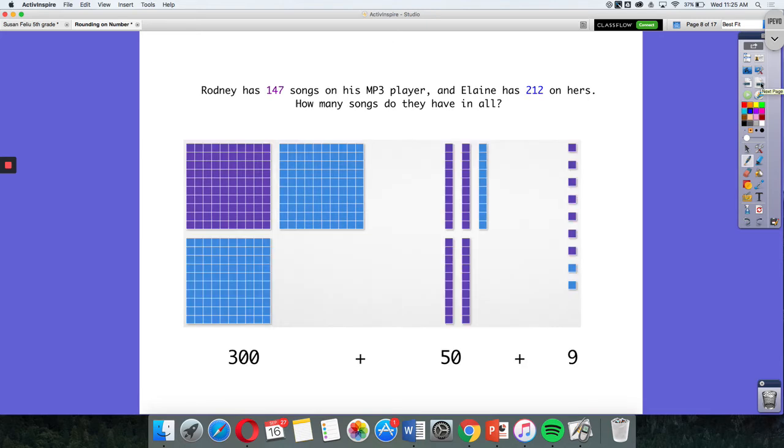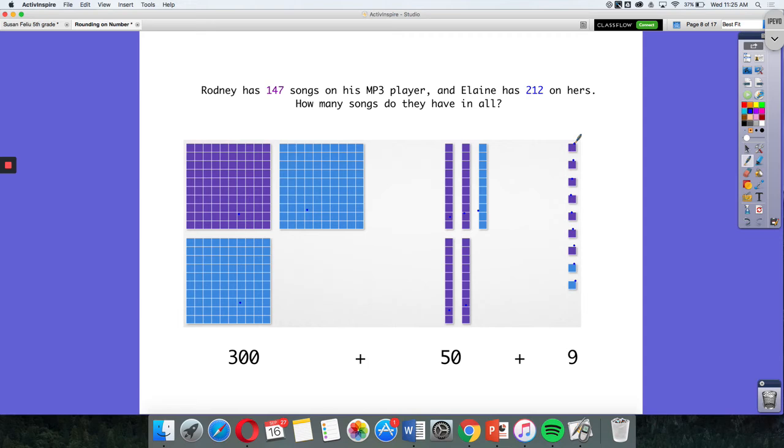So when I combine all of my hundreds, I get 1, 2, 3 hundreds, 10, 20, 30, 40, 50, or there's 5 ten rods, 1, 2, 3, 4, 5, 6, 7, 8, and 9 ones. And you can see the different colors for each of their songs that are on their MP3 players.